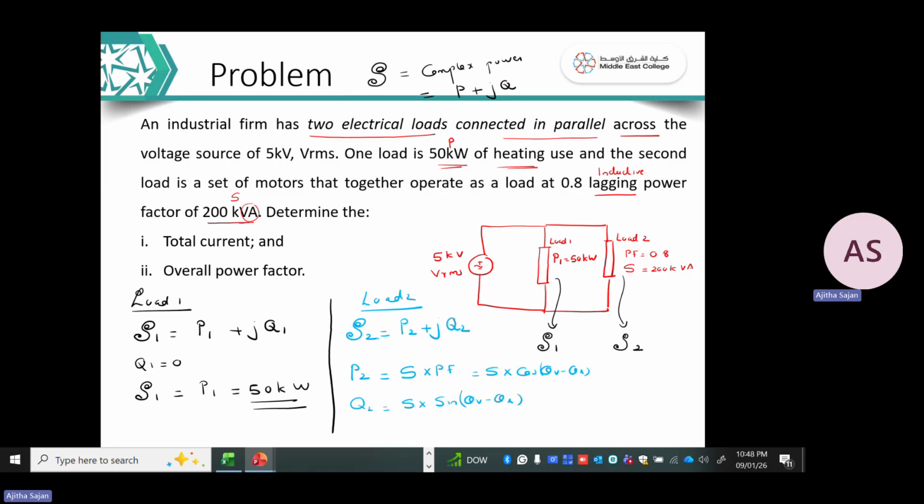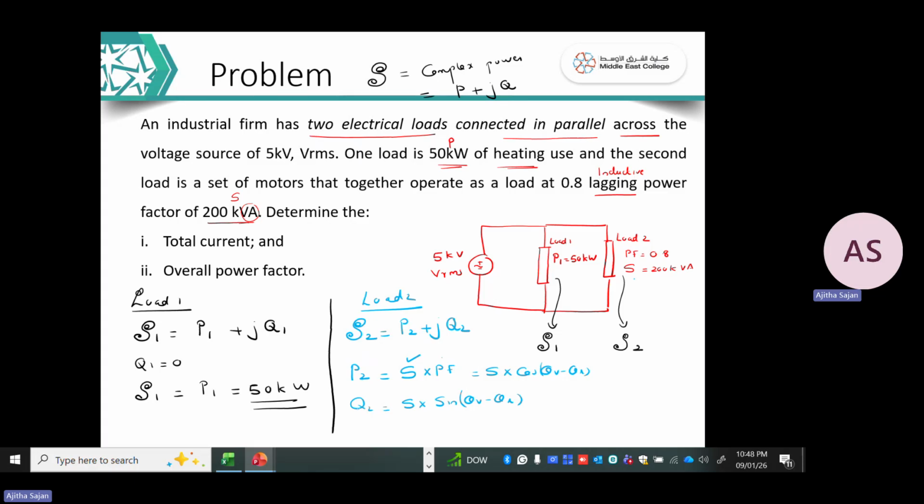So we have to calculate what S2 is from the given information. S is available with you, and the power factor is also available, 0.8, so it is easy to calculate P2.